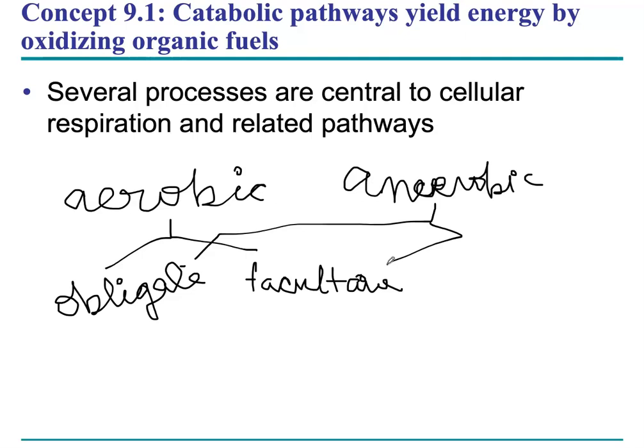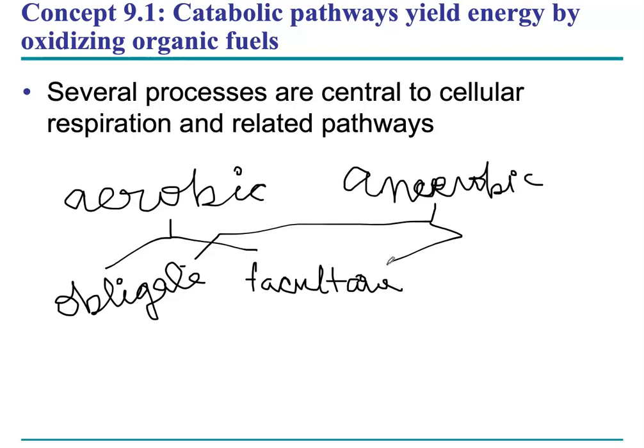Can use anything but oxygen. So if an organism is an obligate anaerobe, that means that organism can only use some other chemical besides oxygen. It cannot use oxygen. Now in the middle of these two things are things called facultative, the aerobes and anaerobes.